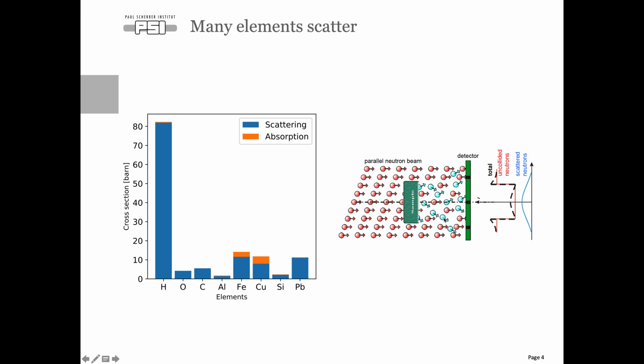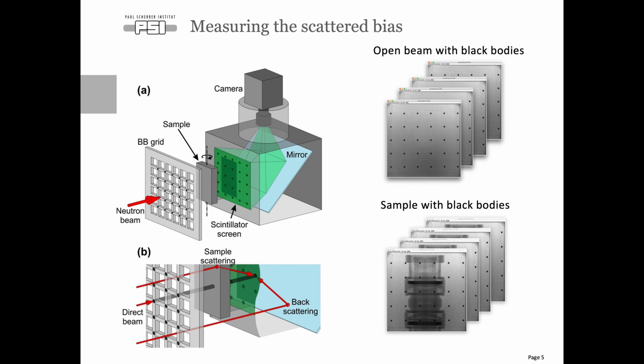That means some of the neutrons will bounce around to different places than they are supposed to. And there can also be scattering from the background, the sample environment, etc. All these neutrons end up producing a bias behind the sample, and this bias actually makes this area that you have seen as the darker region in the middle.